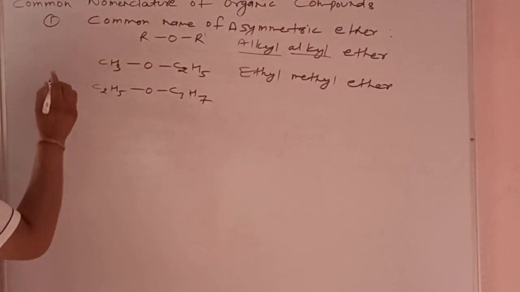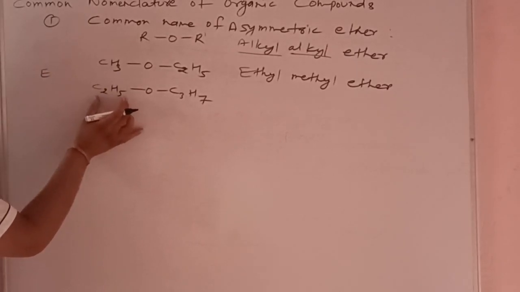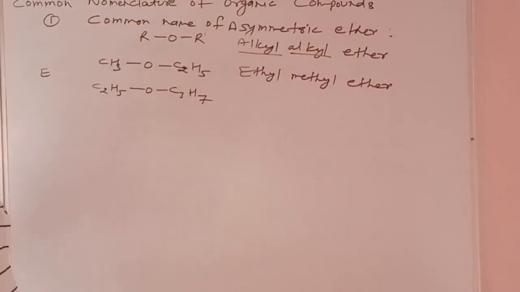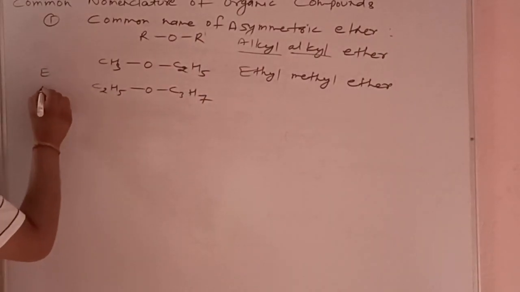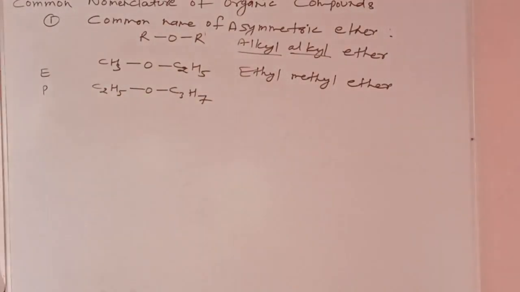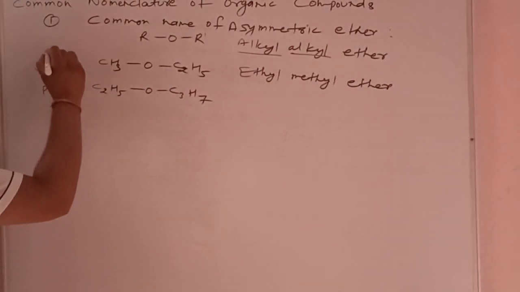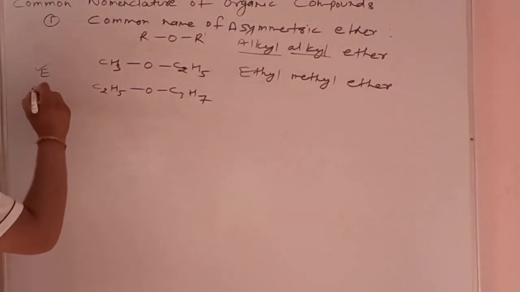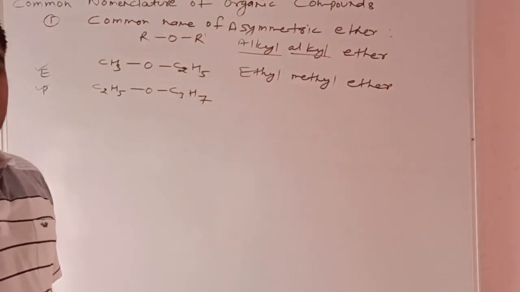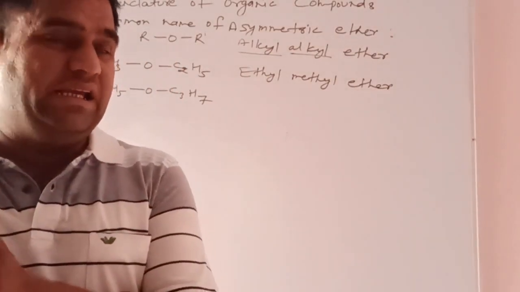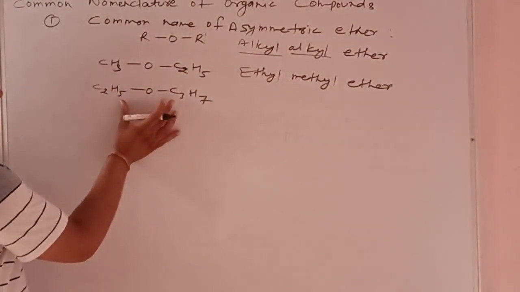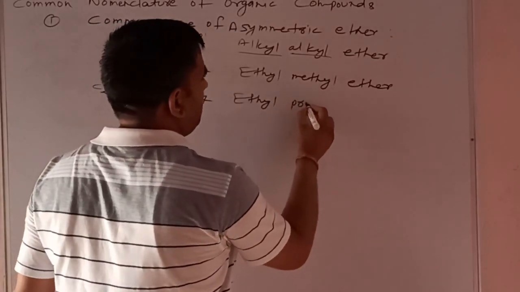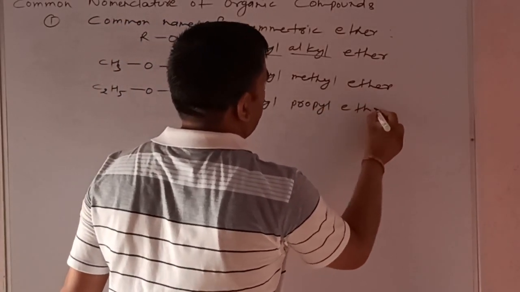First group is C2H5 ethyl, and the spelling of ethyl starts with E, and the second group is C3H7 propyl, spelling starts with P. So of both groups, E is used first in alphabet and P comes after E. So the common name of this ether is ethyl propyl ether.